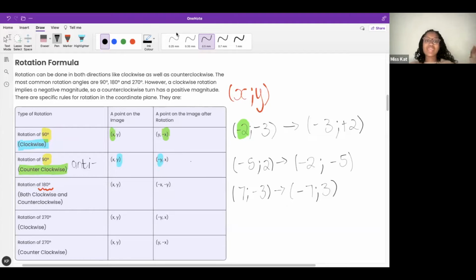Remember, we're not making them negative. The signs are changing. We are changing the signs. So I know this is confusing, because it says -x and negative. Because look what's going to happen, guys. Let's say we're putting negatives in front of them.